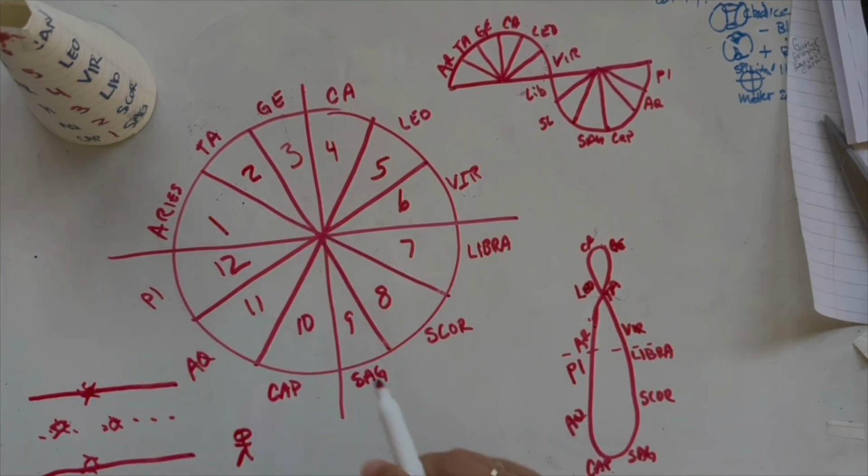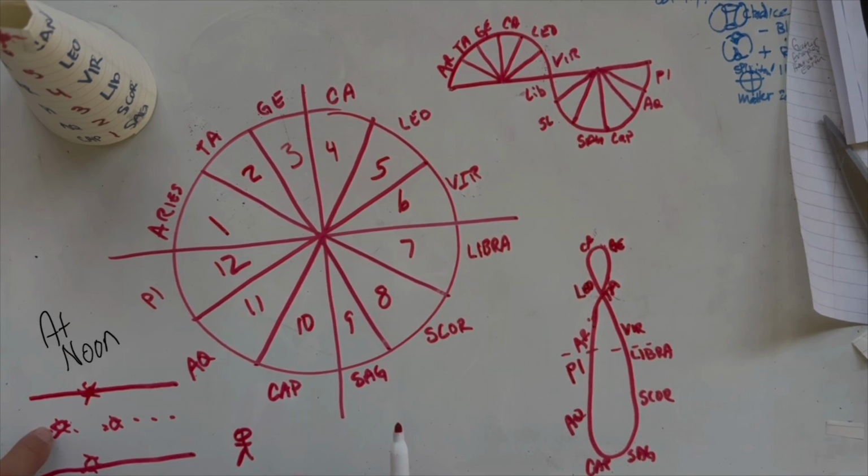So Aries is the beginning. This would be Aries here when you look in the sky. It's going to look mid-position.